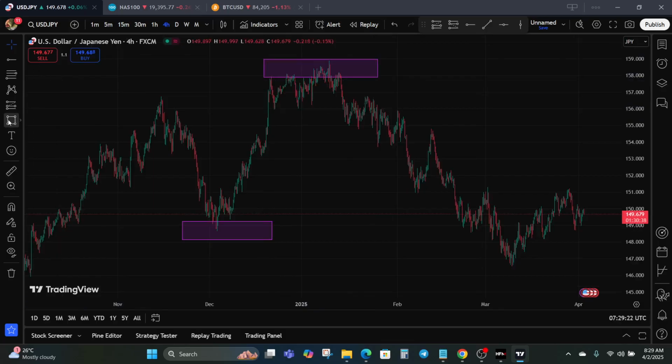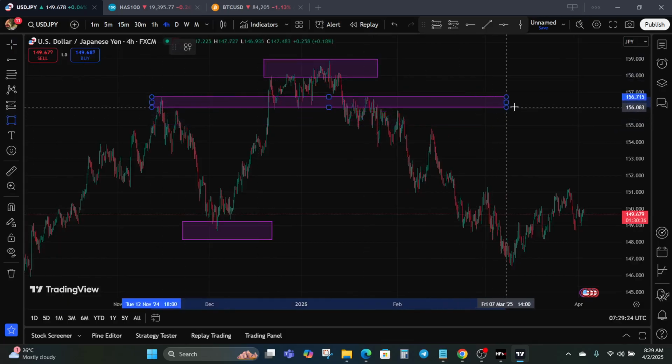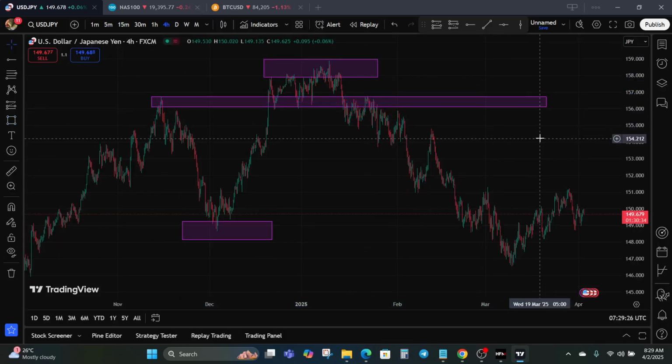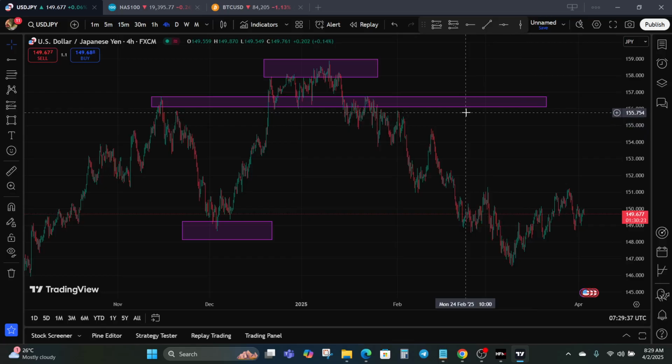It might sound quite unfair, but it is what it is, right? While retail traders rely on indicators, institutions use raw price action and liquidity manipulation to execute trades.